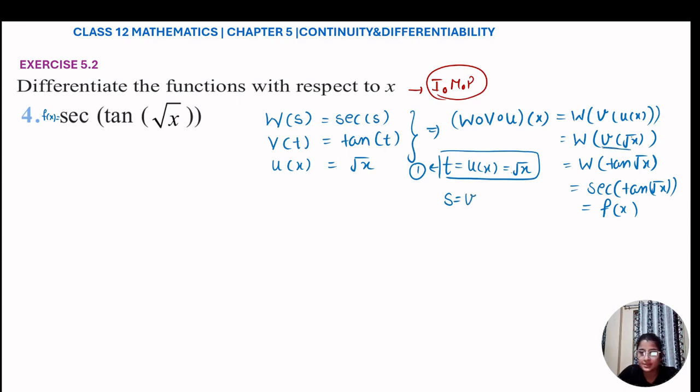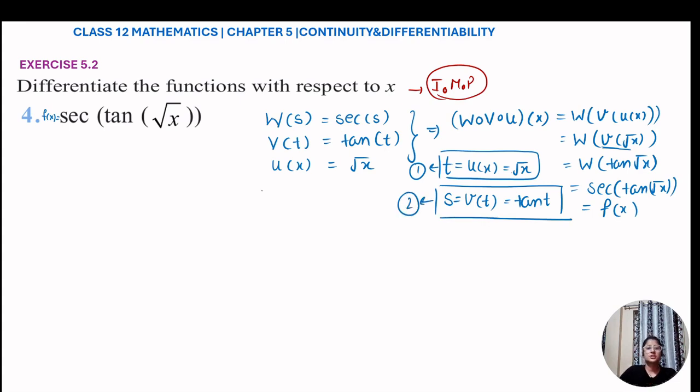V is given in terms of t, and our v of t, as you know, is tan t. So take it as 2.